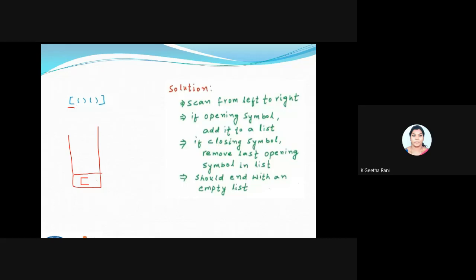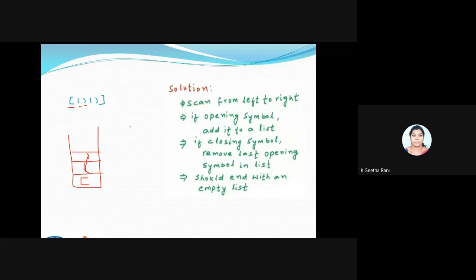Next I take the next one. Again it's an opening symbol, so I'm going to add it. The next one is my closing symbol. If there is a closing symbol, what I should do is remove the last opening one. So my next one is the closing symbol, so I will remove this also from there.